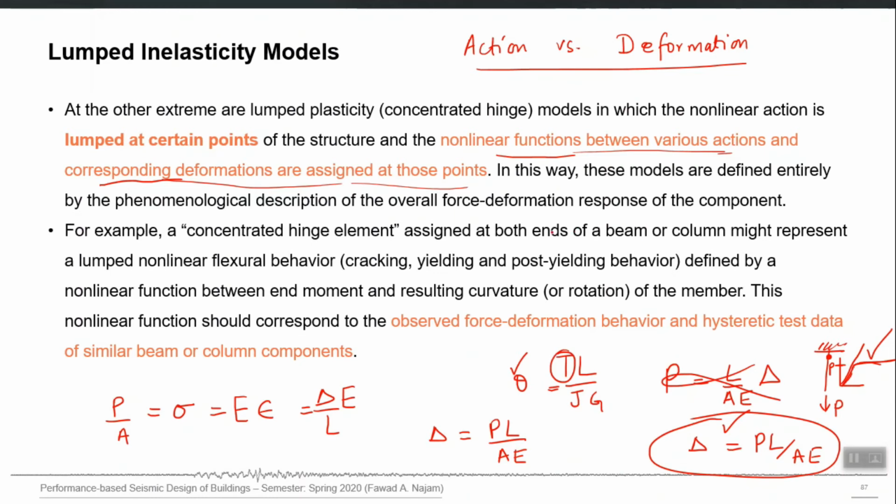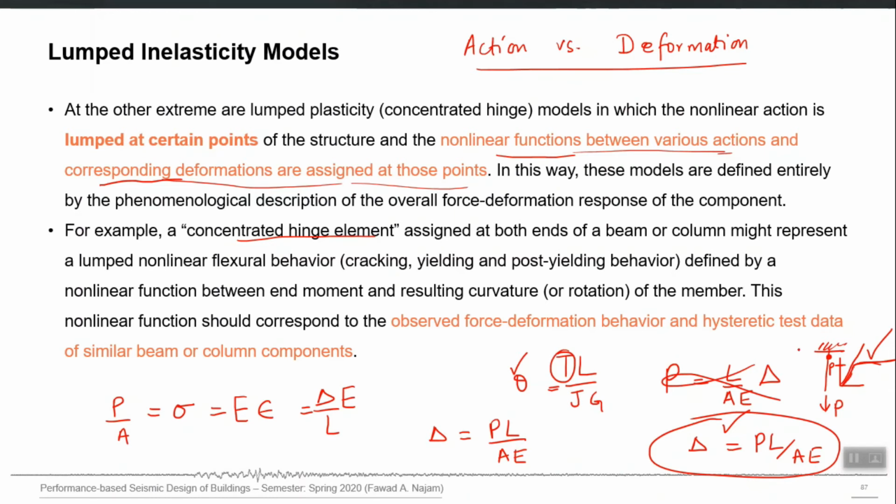So one example is this concentrated hinge element. I mean, how do we include that nonlinear action deformation behavior in our computer model? We introduce a few hypothetical elements in our original structural element at certain locations where we want that nonlinear behavior, and those elements just take one curve as an input, one nonlinear action deformation curve.